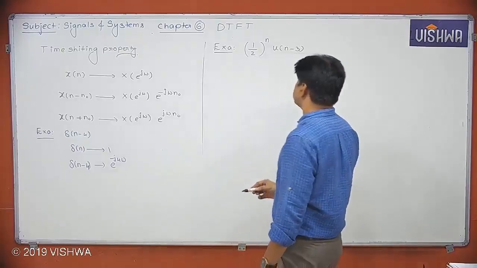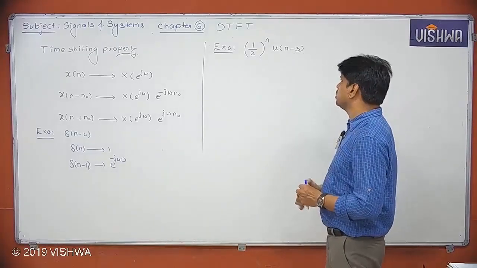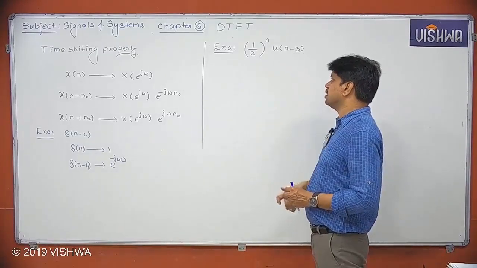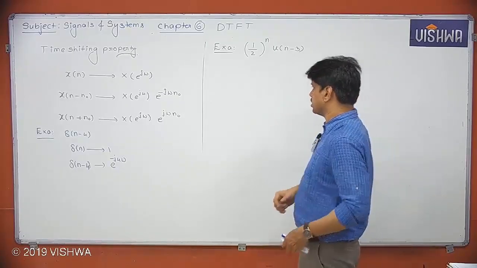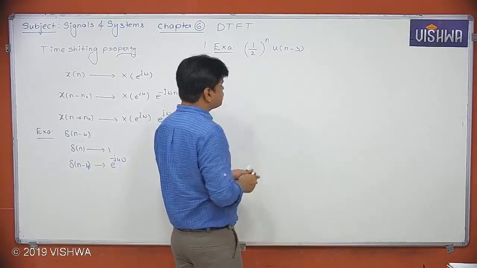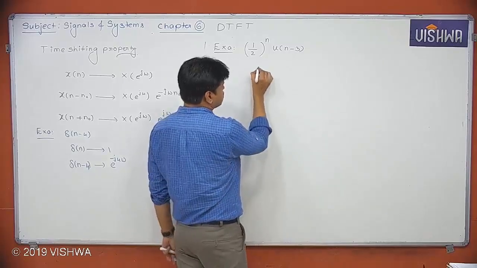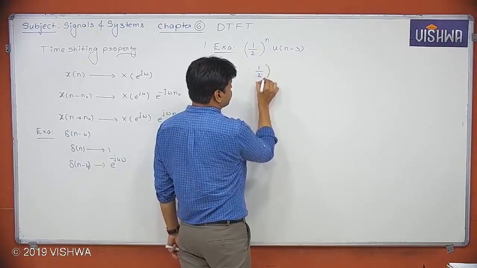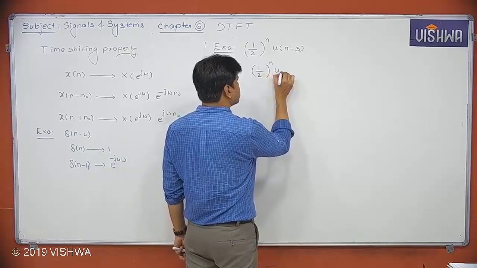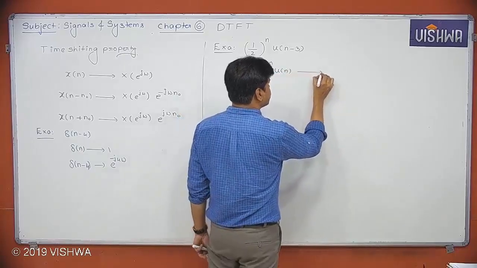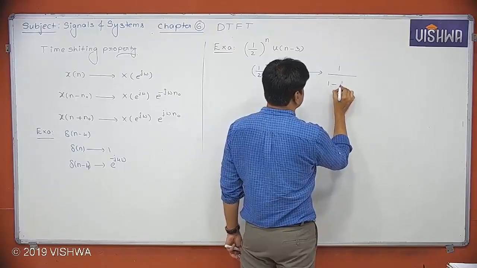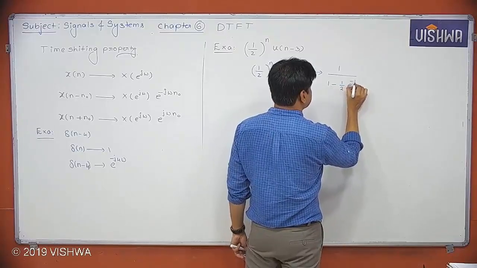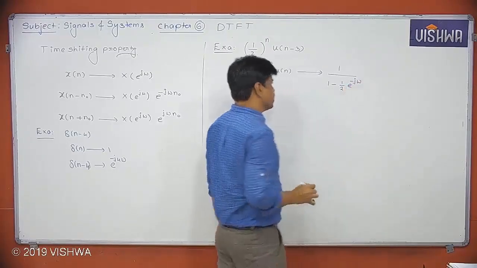First of all, does the DTFT exist or not? Definitely exists, because it is a right-sided, decaying exponential. How can we calculate it? We know that for (1/2)^n u of n, the DTFT is 1 by 1 minus 1 by 2 e power minus j omega.